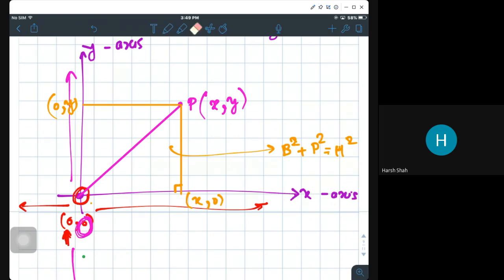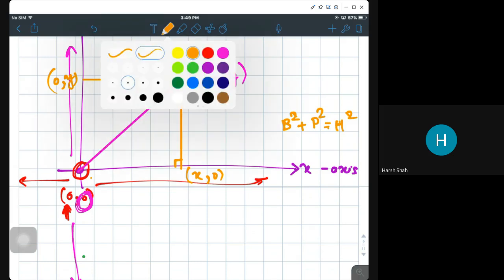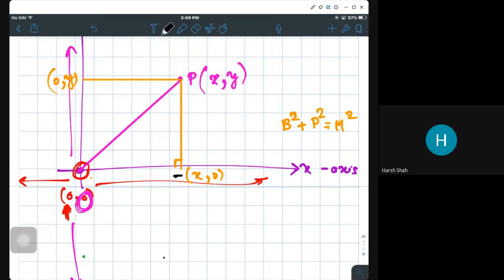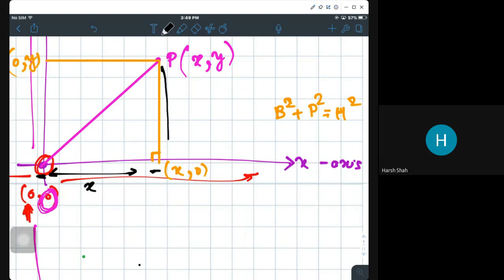When I apply the Pythagoras theorem, I need two things out of these three: the value of base, the value of perpendicular, and the distance of hypotenuse. I need any two to find the third one, right? I want to find this hypotenuse's length, so I need the base and perpendicular's length. This is just x, and this is just y.